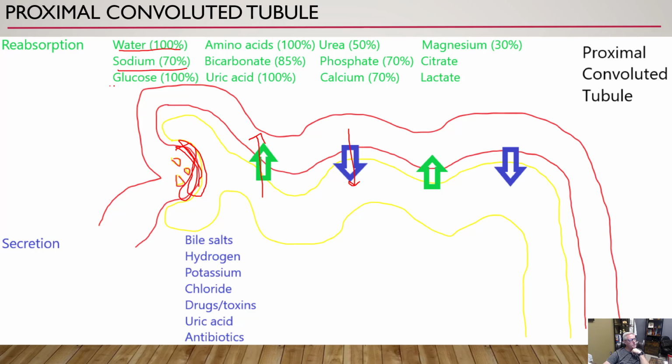Sodium is 70%, glucose is 100%, 100% amino acids, bicarb is 85, uric acid is 100%, urea, phosphate, calcium, magnesium, citrate, lactate. Things that are secreted: bile, hydrogen, potassium, chloride, drugs, toxins, uric acid, antibiotics, other medications. And again, you don't have to know the specifics. For nursing school, you might.